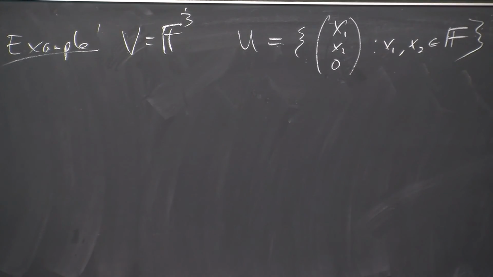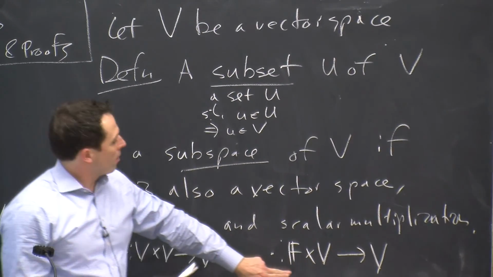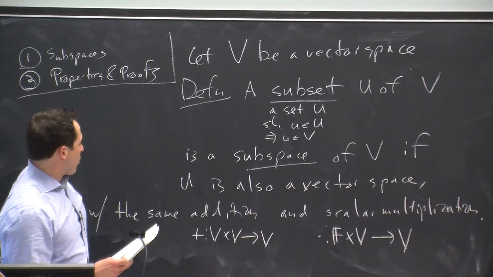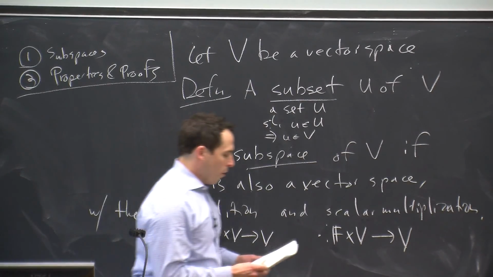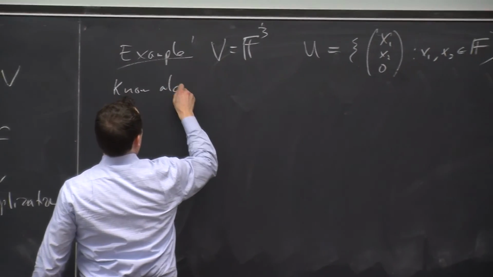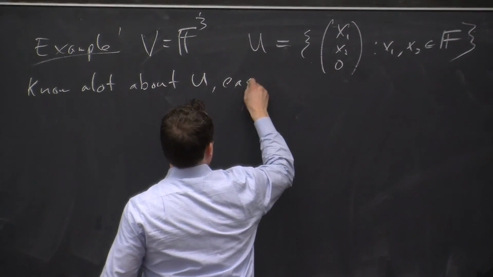So U, which is the subset, shares elements. It also shares this addition. It also shares this scalar multiplication. So once we know that we're looking at a subset and we're using the same functions, we already know a lot about U. And so it's easier to check if it's a vector space.